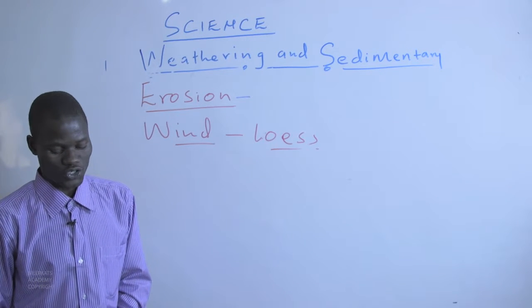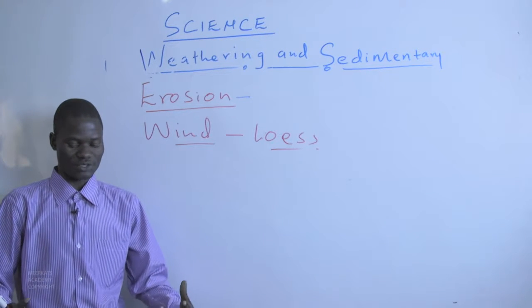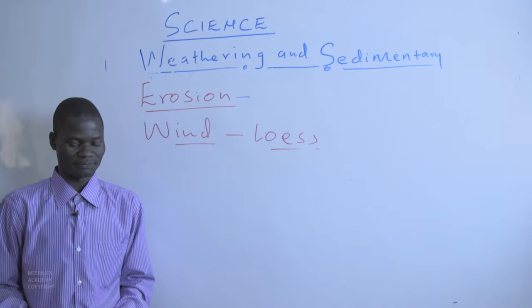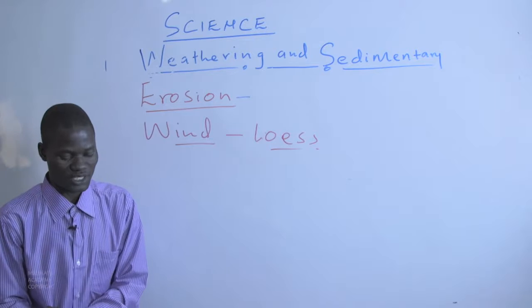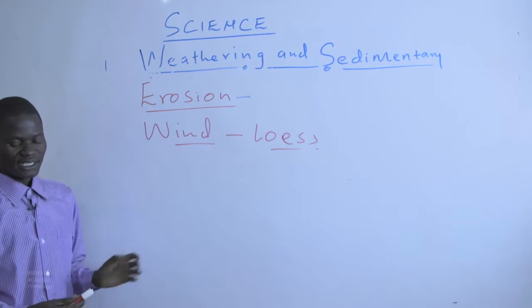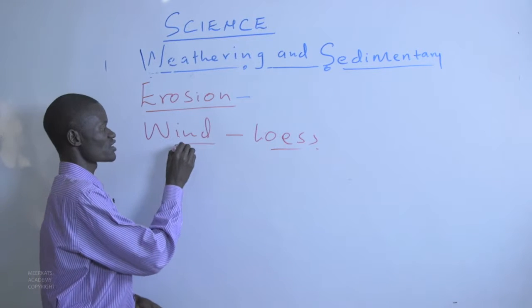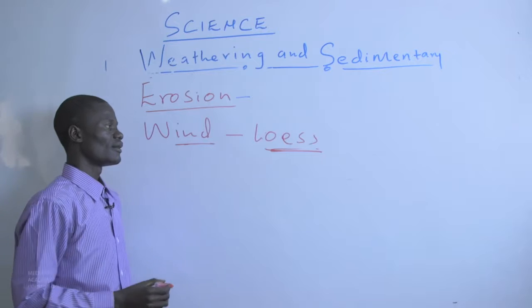Before they are dropped, as the wind carries those particles along, the particles hit against each other and sandblast into very fine deposits, and then eventually the wind drops them as sediments. We call them loess.